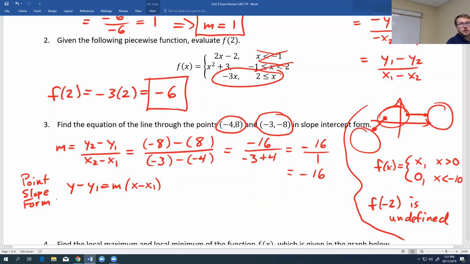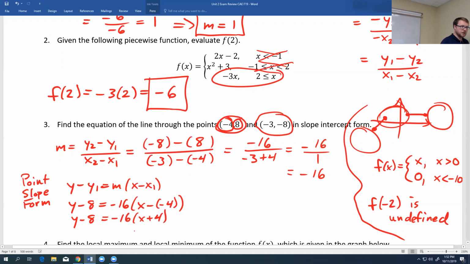Prove it to yourself: check both ways and confirm that it works. So y minus, let's go with 8, equals -16 times x minus -4. If I use this 8 here, then I have to use that -4. So then y minus 8 equals -16 times x plus 4.